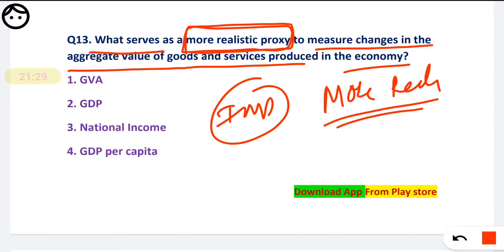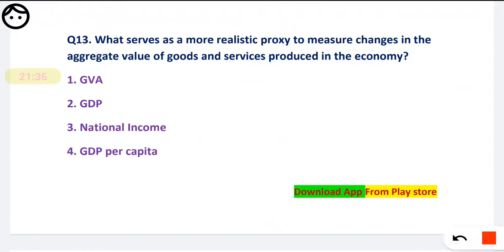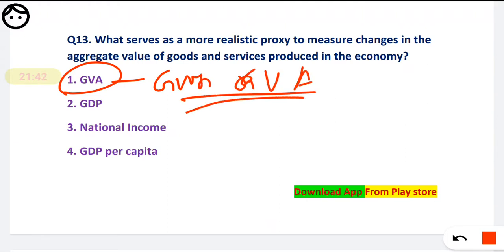So friends, first option GVA, GDP, national income, GDP per capita. Remember friends, GVA, that is gross value added. This is the most realistic.